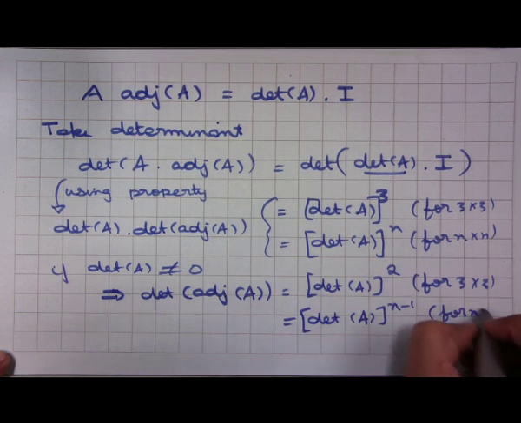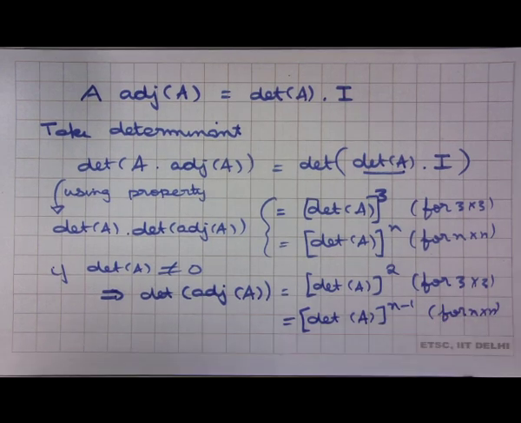for n by n. So, we have introduced a new matrix which is the adjoint of A, and because we are talking about determinants, it is natural to ask what is the determinant of this matrix, and here we see that the determinant of the adjoint is related to the determinant of A, with power n minus 1. Okay. If n is equal to 3, then it reduces to what we have seen.